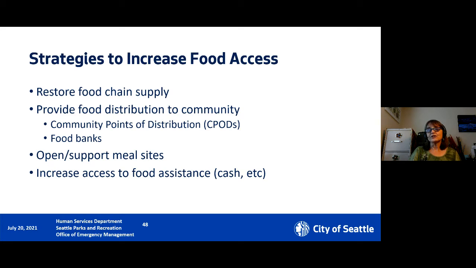We also launched an emergency grocery voucher program, and we developed a Seattle area emergency food resources map so that people could look up and see where food resources may be available. So given the situation, we'll want to adapt and figure out what strategies might be most effective, with always our goal being restoring that food chain supply.